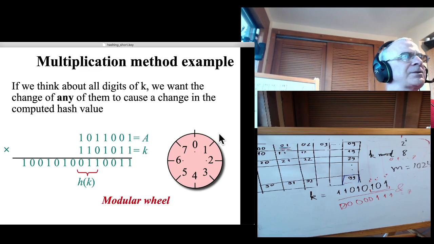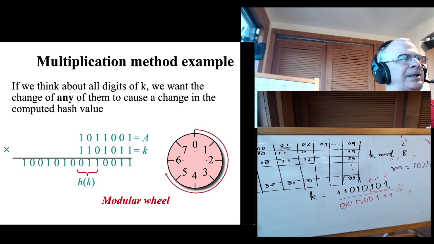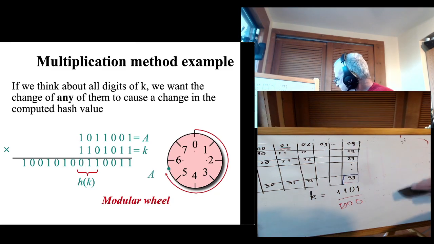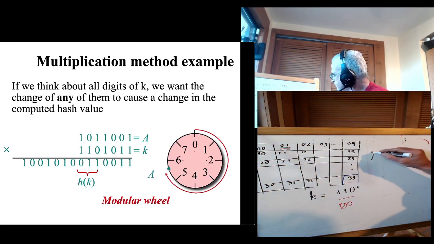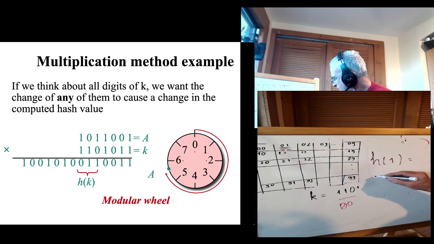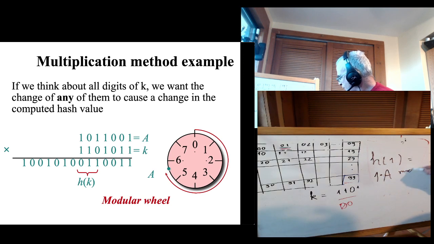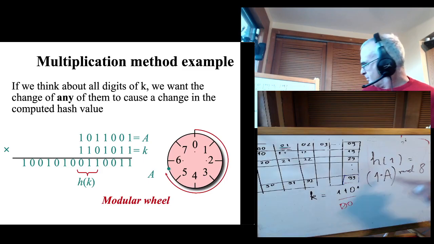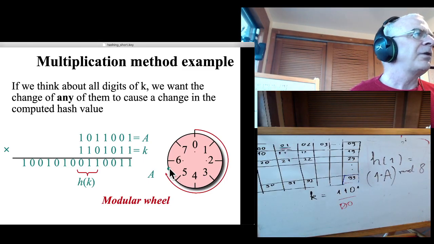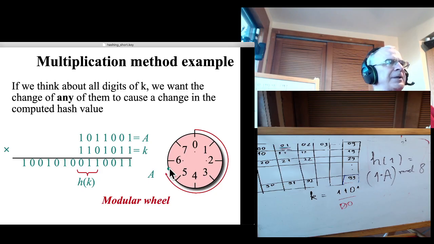Let's think about the number h of 1, which in this function would be 1 times a, all of it modulo 8. So this number 1 times a is nothing but a, and you fall in some location in the table.